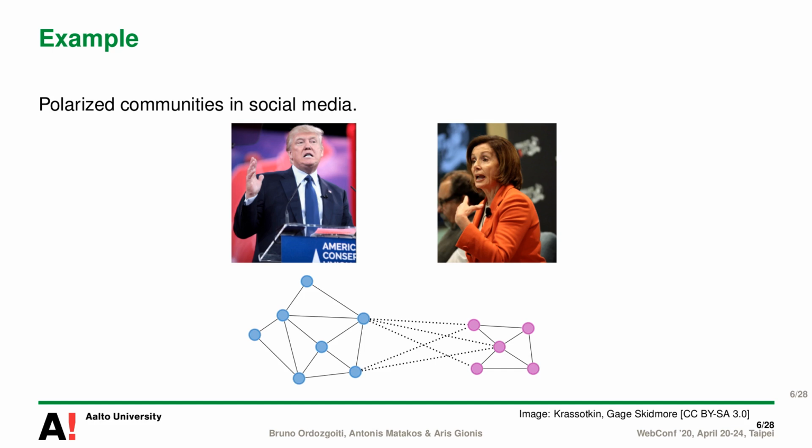So if we take a graph in a social network and we interpret the signs of the edges as representing whether interactions between users are friendly or hostile, then a balanced graph might represent polarized communities. And we might be interested in detecting this because this might signify the presence of an unhealthy discussion taking place in the social media platform.